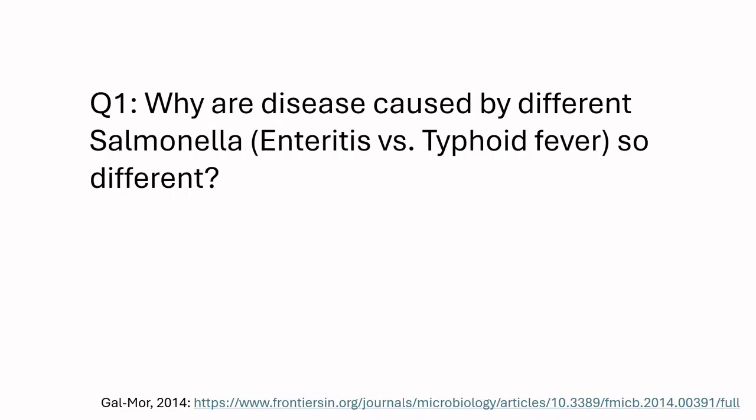We have looked at the different diseases. On the one hand, the Salmonella caused enteritis, and on the other hand, the Salmonella caused typhoid fever. We can go back to our initial question. Why are the diseases caused by different Salmonella, enteritis versus typhoid fever, so different?